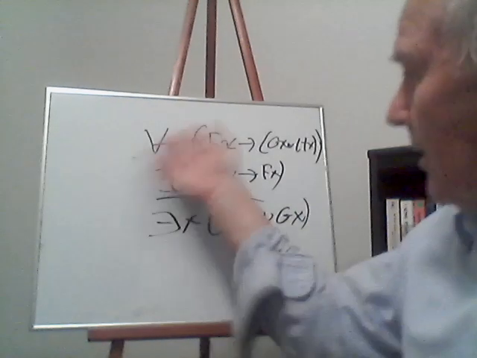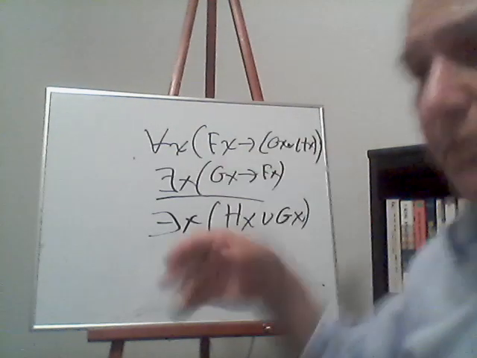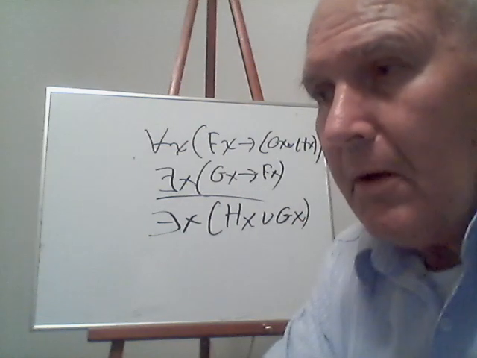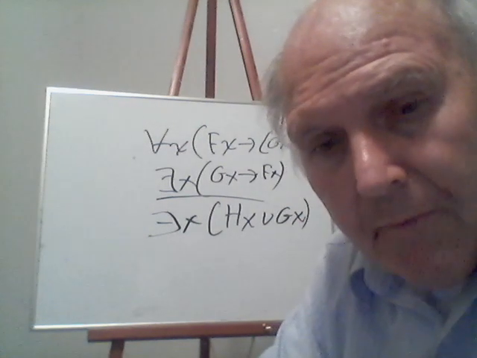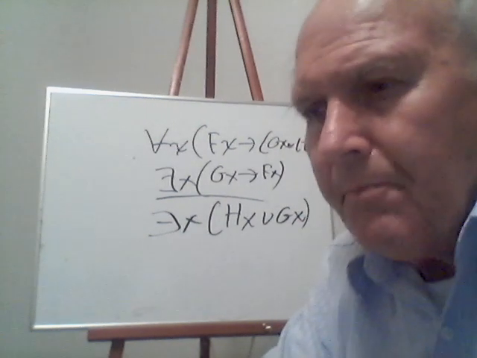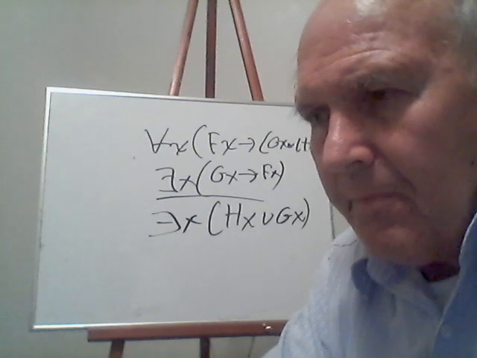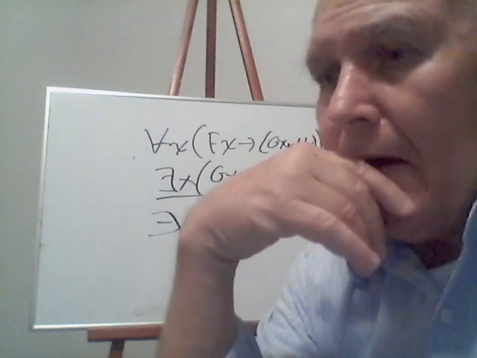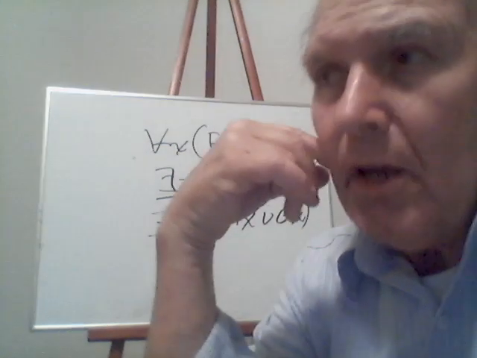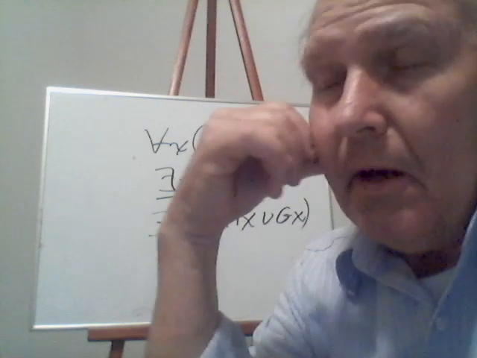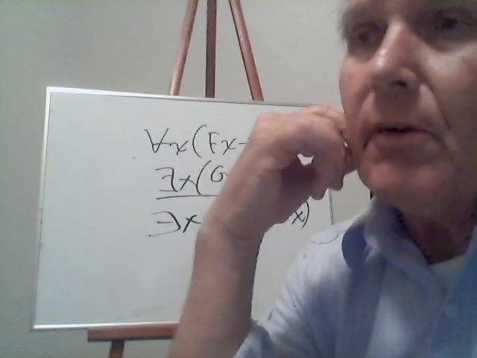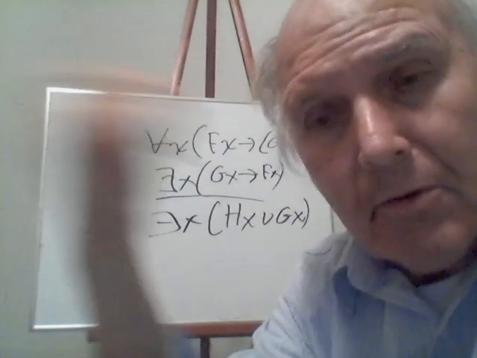If you want to know how to diagram stuff like this, take my course, and I'll show you. It's a completely new system. And as I said, it's a shame that Venn diagrams have been limited to categorical syllogisms.